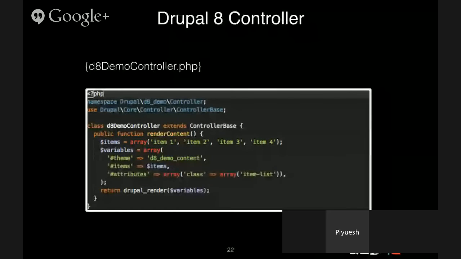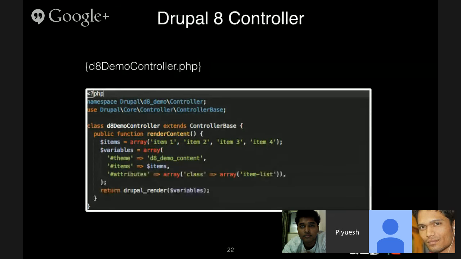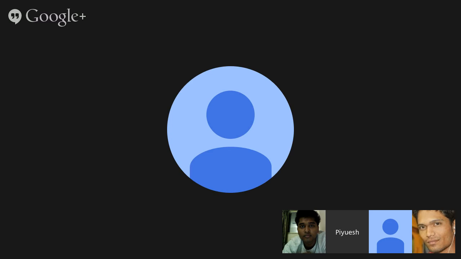Yeah. So one question from here is, how do you write your user_demo_content theme? hook_theme isn't dead yet. So hook_theme stays the same. I should have the code somewhere. Let me quickly show you.